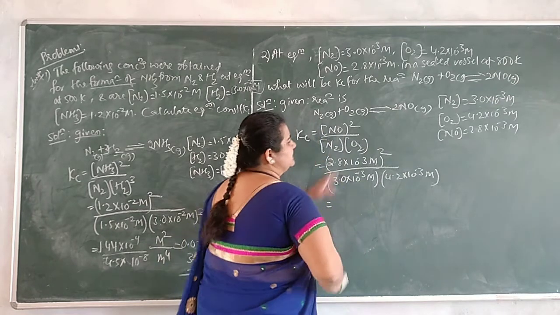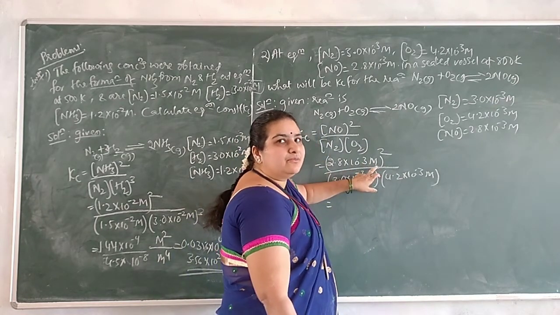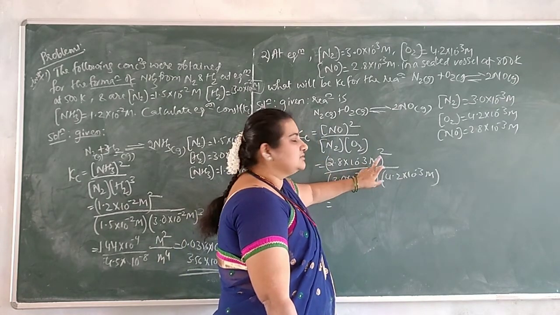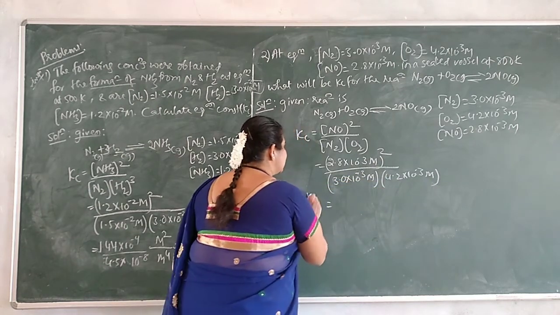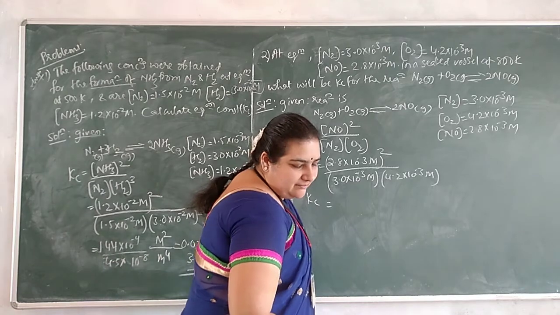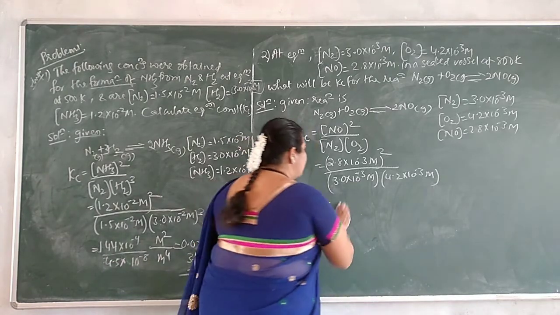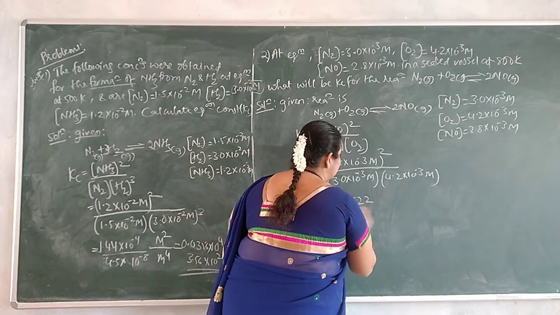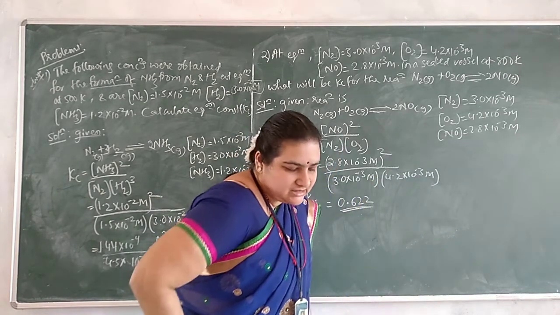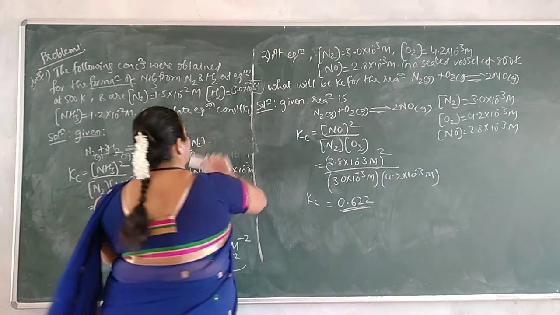So see here in this problem the powers of numerator and denominator will be cancelling, so that Kc is unitless quantity and it is found to be 0.622. Okay, this is the answer of the second problem.